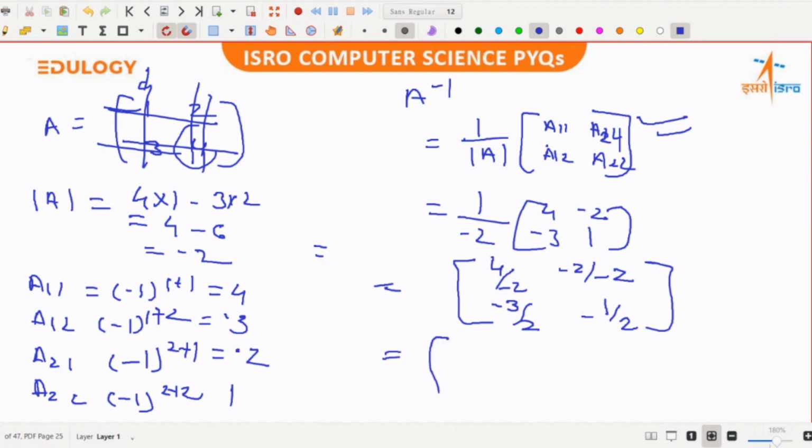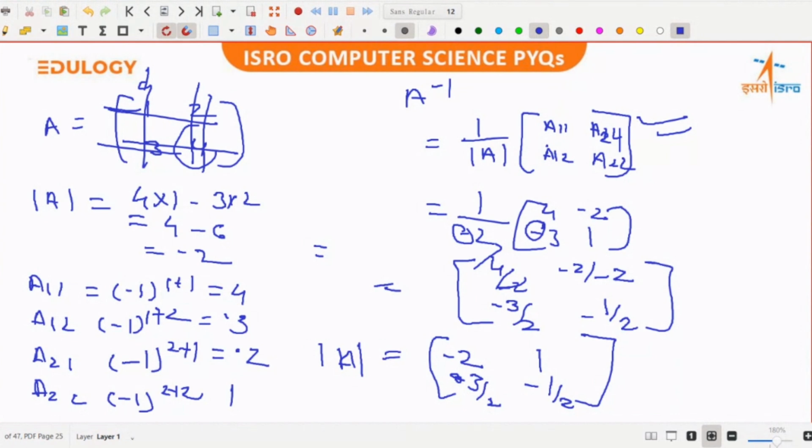Sorry, this is plus. Since one minus is over here and one minus is over here, the minus cancels out, so it is 3 by 2.